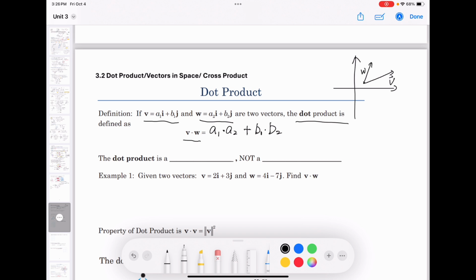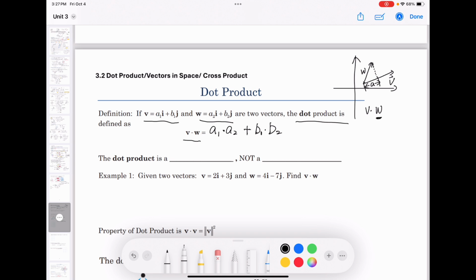If I'm looking for v dot w, I'm using my second vector and doing the projection on v. So draw a perpendicular line to v. The distance from here to here, let's say, we put an a here. This is the projection of w onto v.